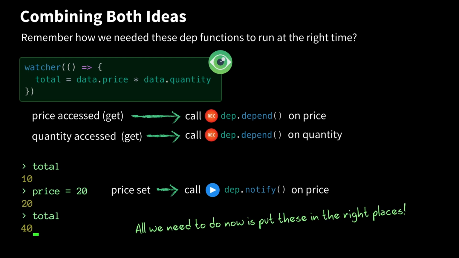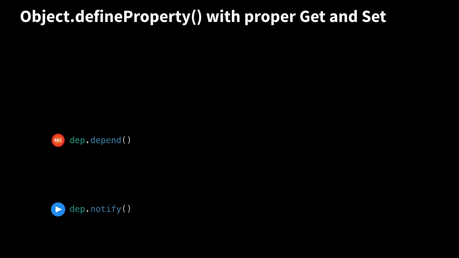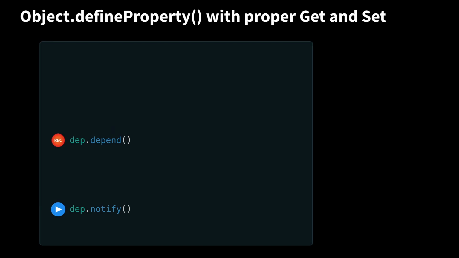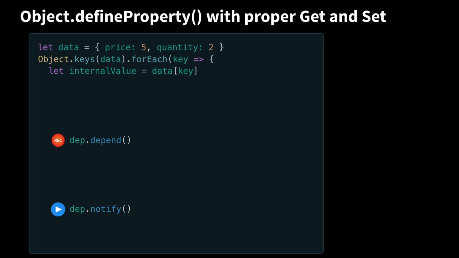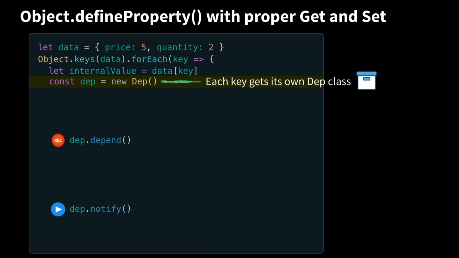All we need to do now is put these pieces of code in the right places. So let's take these inside our Object.defineProperty. We have our data, we go through each of our keys, set the internal value. Each of these is going to need its own dep instance. That's our storage.